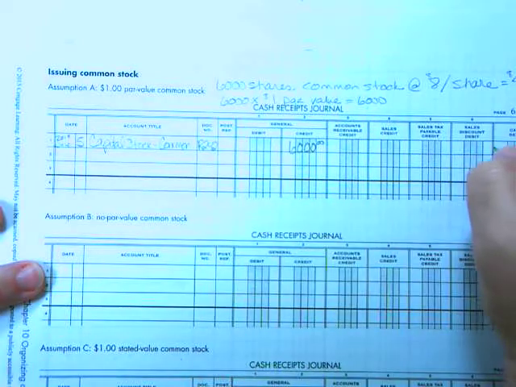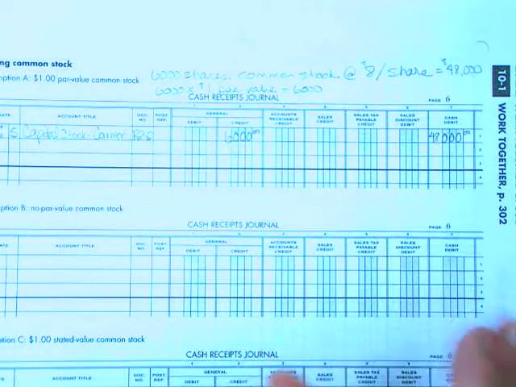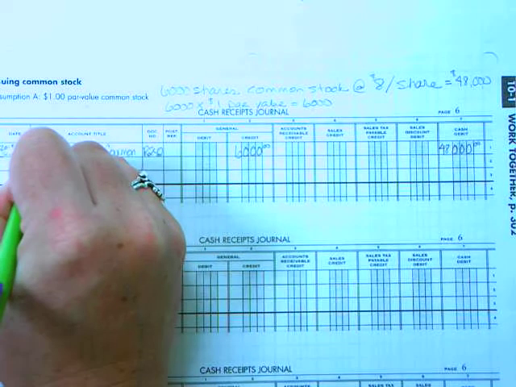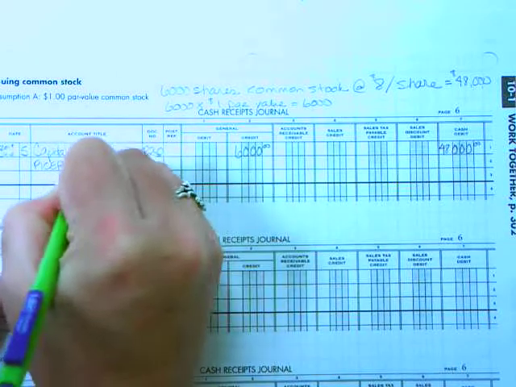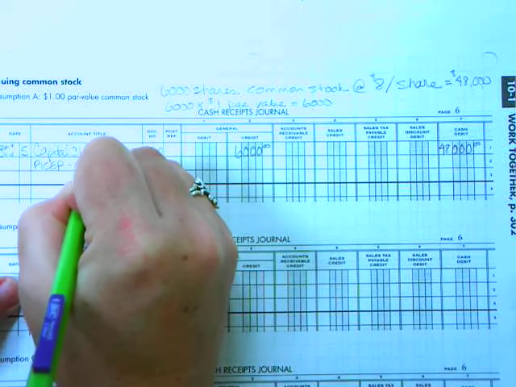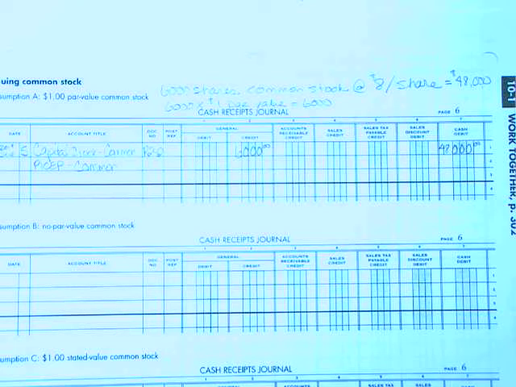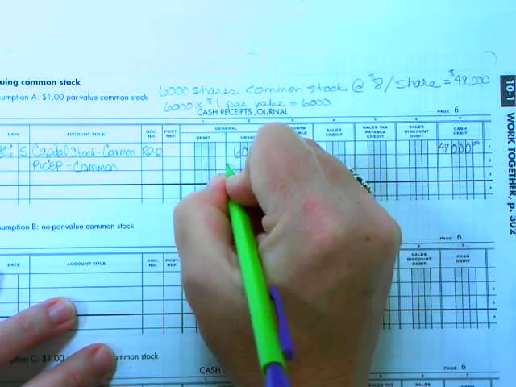And then we know we received $48,000 in cash, and so the difference between those is going to be the paid in excess. So let's do paid in capital excess of par common, PSEP. I'm making that up. Don't know if that's commonly used at all, but we'll use it for our class. And then this is the 42,000.